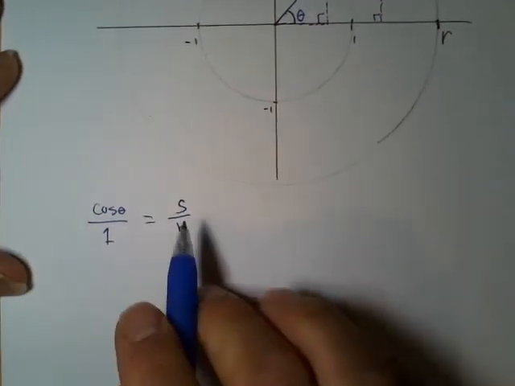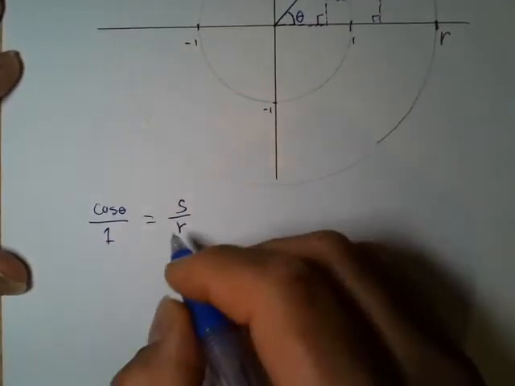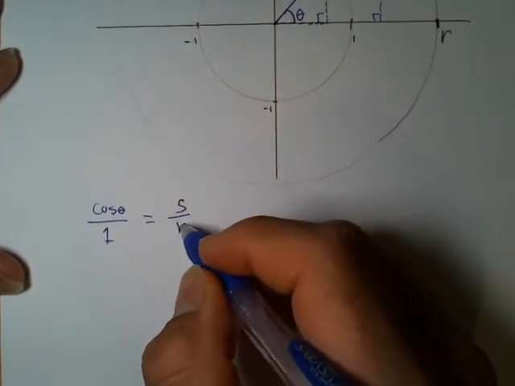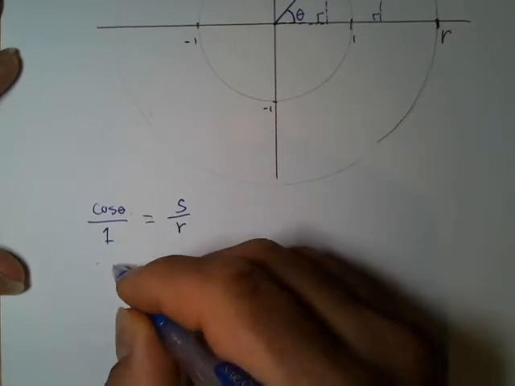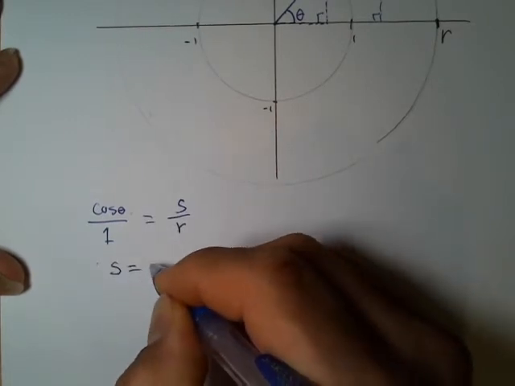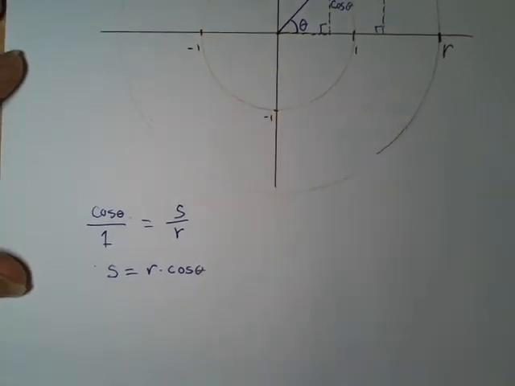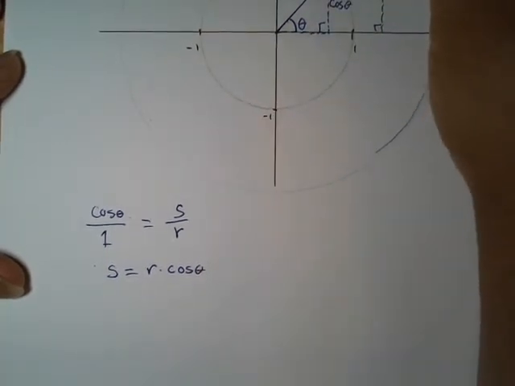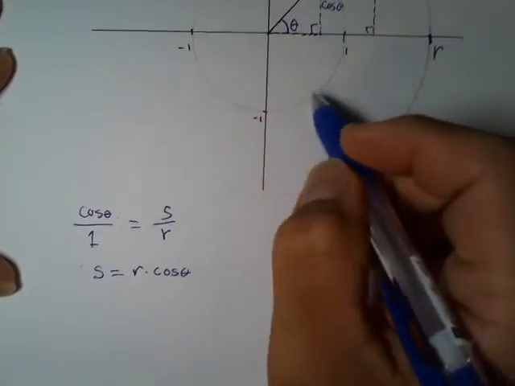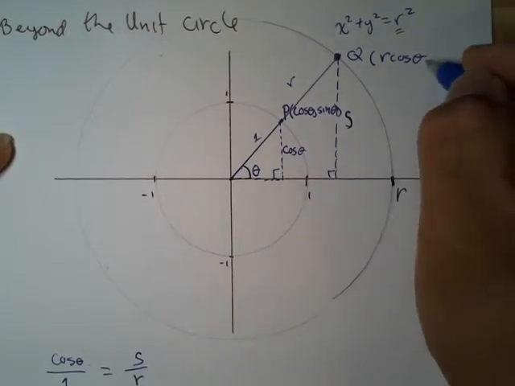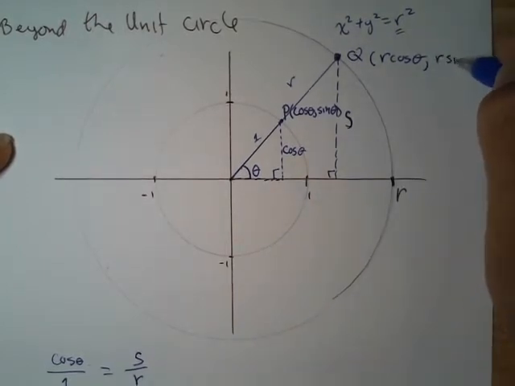Right, and here solving for s, by cross multiplying, s is equal to r times cosine theta. All right, so if I call this point Q, this now becomes r cosine theta. And in a similar way of setting up some similar triangles, the y-coordinate would be r sine theta.